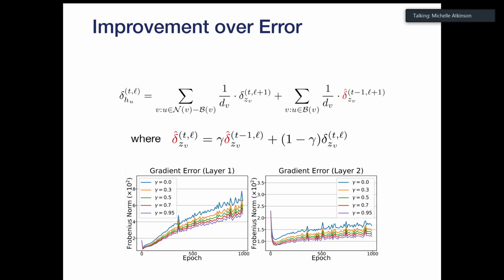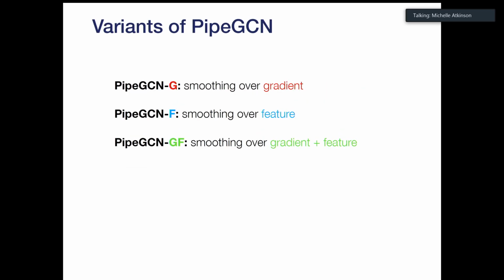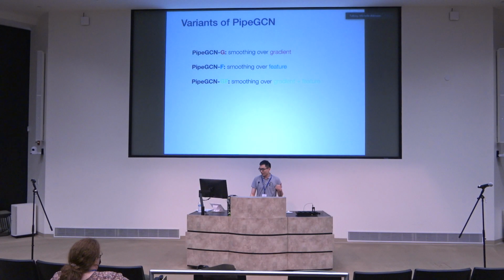And we can see that by using the proposed smoothing method, the error is always smaller than the original PipeGCN. Because we can apply this smoothing technique to either feature or feature gradient, we propose 3 variants of PipeGCN. They are PipeGCN-G, PipeGCN-F, and PipeGCN-GF.